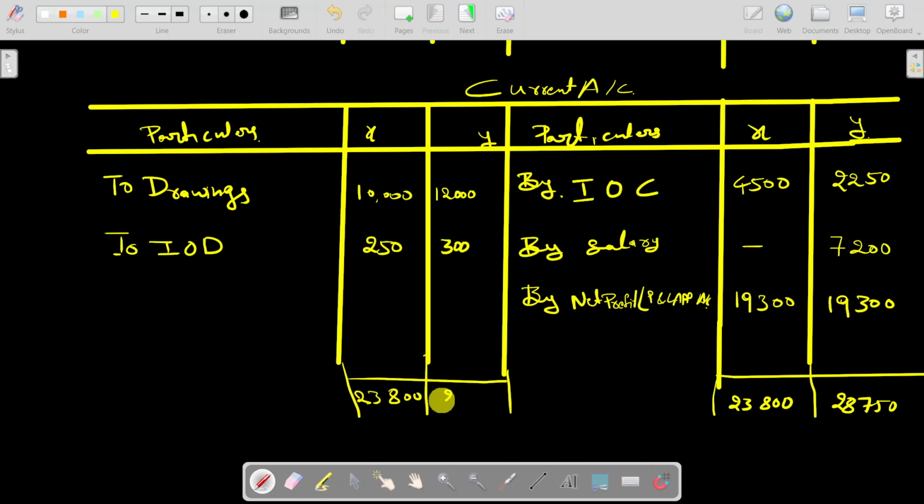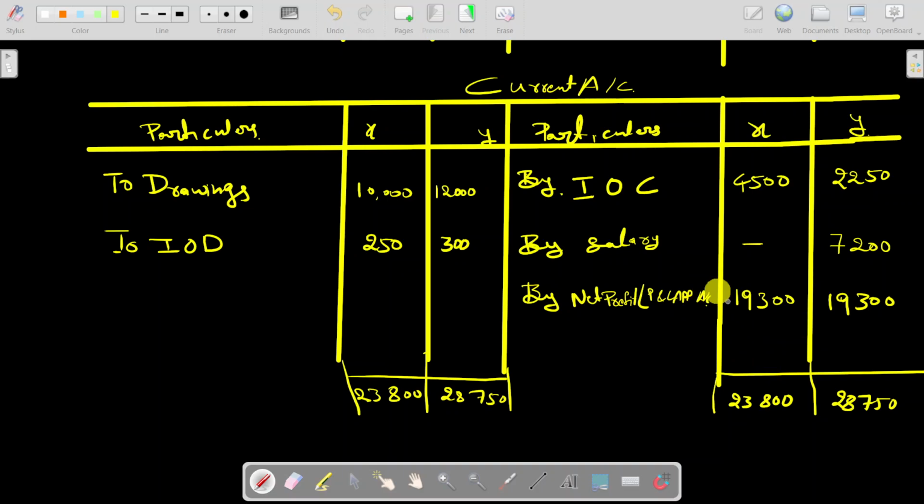For the balance, we have to add all the credit items and subtract all the debit items from the credit items.